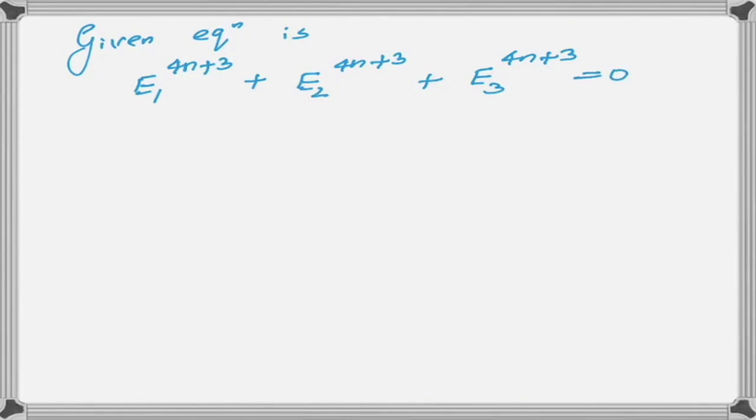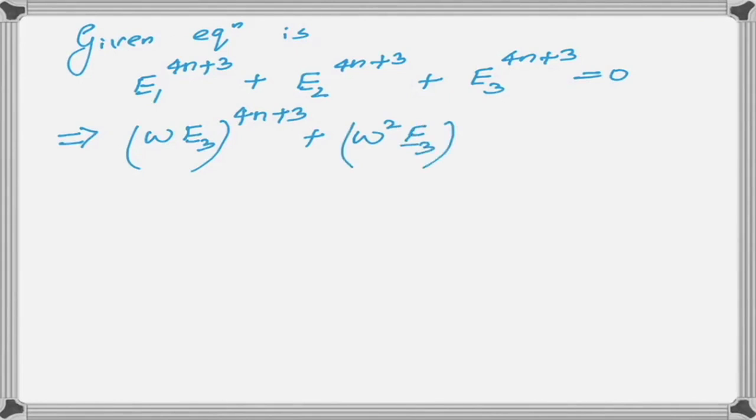By the previous observation, since E1 is equal to omega times E3, this gives (omega E3) to the power 4n plus 3, plus, since E2 is equal to omega square E3, (omega square E3) to the power 4n plus 3, plus E3 to the power 4n plus 3 is equal to 0.